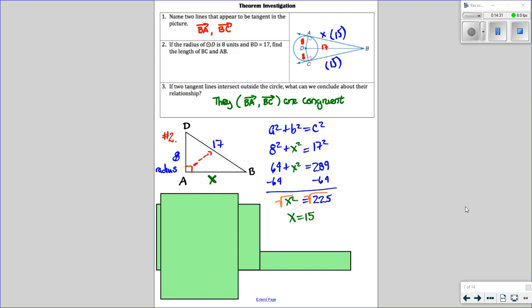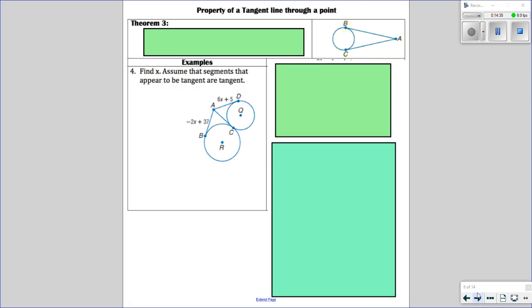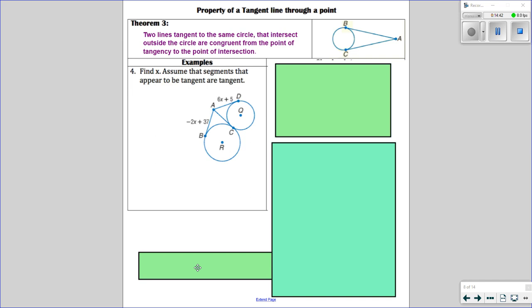With that, that leads us to our third theorem, which states that if two lines tangent to the same circle intersect outside the circle, they are congruent from the point of tangency to the point of intersection.